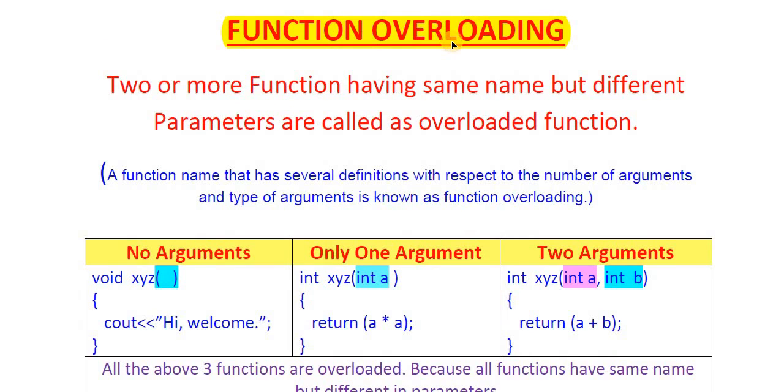So function overloading. What is meant by function overloading? In our textbook, the definition is given as: a function name that has several definitions with respect to the number of arguments and type of arguments is known as function overloading.